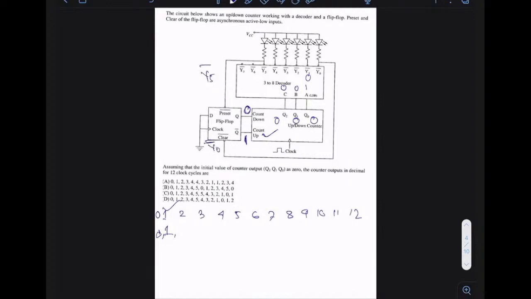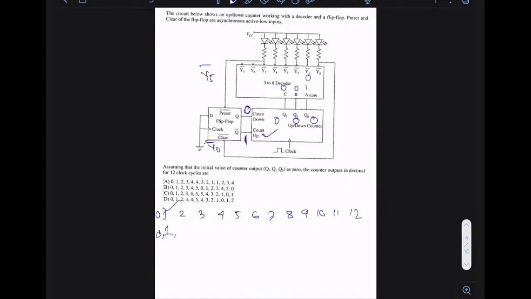So you have to see carefully regarding Y5 bar and Y0 bar, because these two pins are connected to preset and clear. Depending on what output we get, the flip-flop may be reset or it might be preset. Accordingly, the counter may work in up and down directions. We should be careful about it.